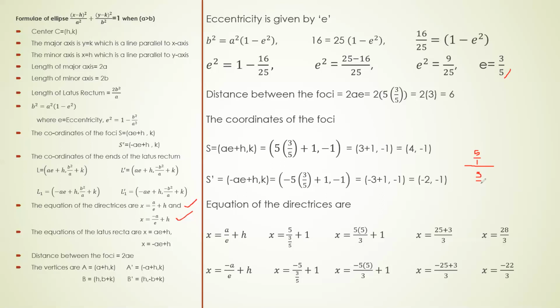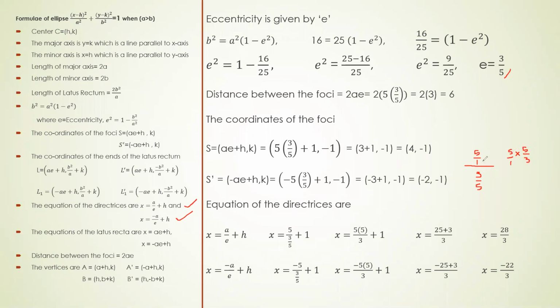When you cross multiply, when you take the denominator to the numerator side, it will become 5 divided by 1 into, you have to reverse this, 5 divided by 3. So it will be 5 into 5 divided by 3.